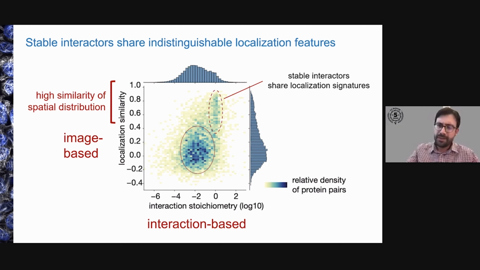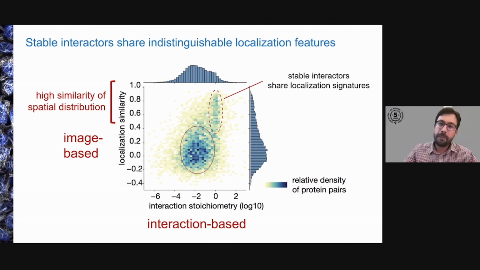In other words, the distribution of each protein is pretty unique to itself, with the exception of this group of proteins at the top right-hand corner, which is indicated by a dotted line, which are proteins that have very high similarity of spatial distribution. And these correspond to proteins in the cell that form very stable interactions. So for the stable interactors, the localization features become indistinguishable.